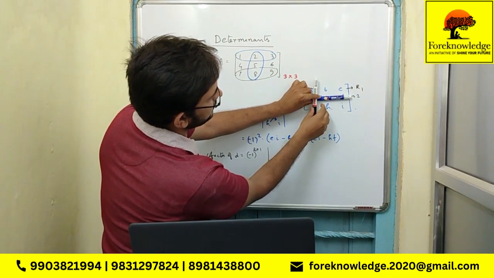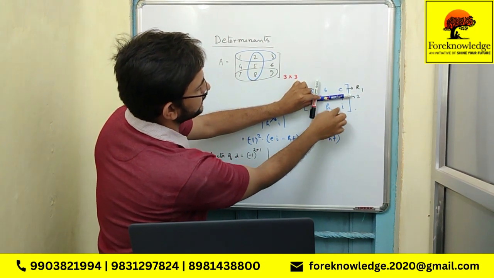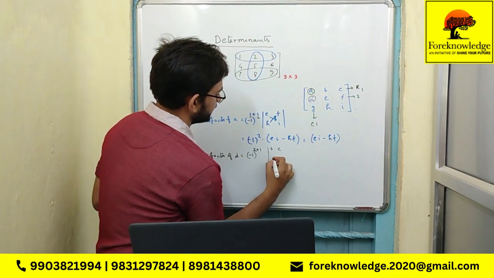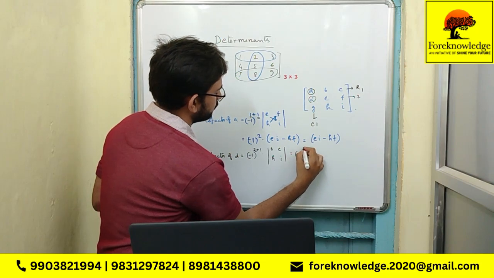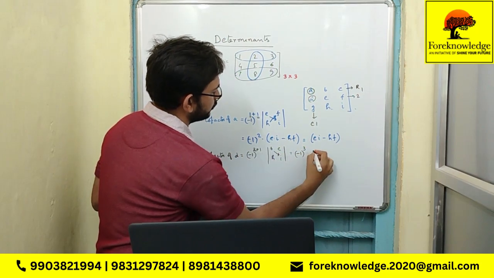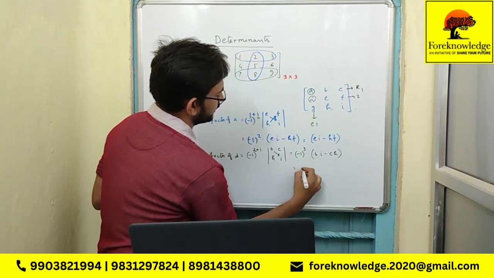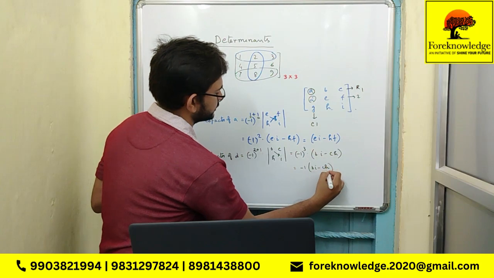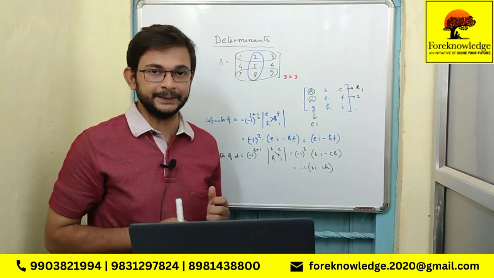The leftover subdeterminant is B C H I. So minus 1 whole cube into B into I minus C into H. That is minus 1 into BI minus CH. That's how we calculate the cofactor of D.